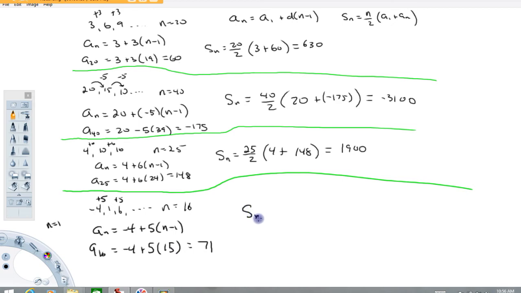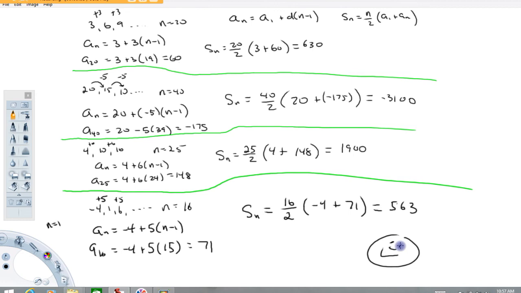All right, so the sum of that sequence is going to be n over 2 times the quantity a1 plus the a sub 16. And let's run a value and see what we get out of that. I get 536. So we're happy.